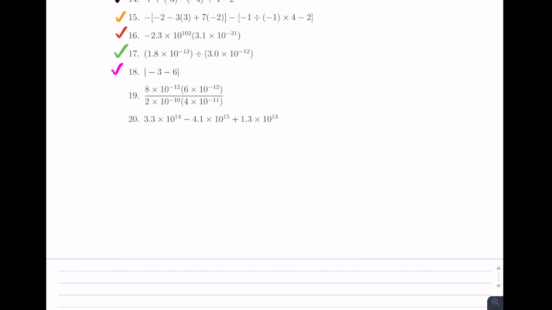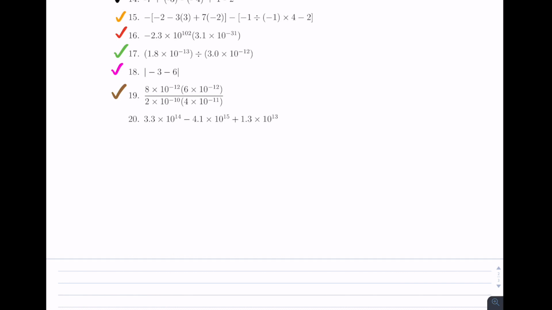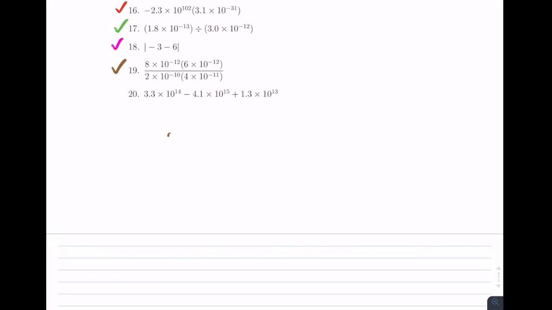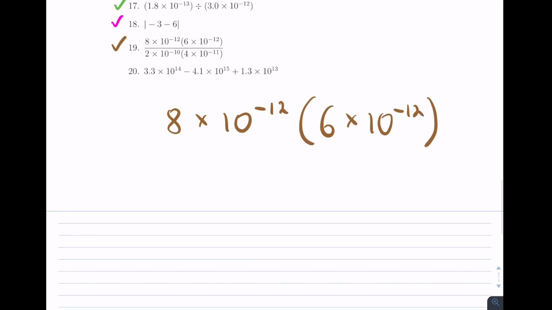Question 19. Back to scientific notation. I'm going to write first just the top, and we'll worry about that.